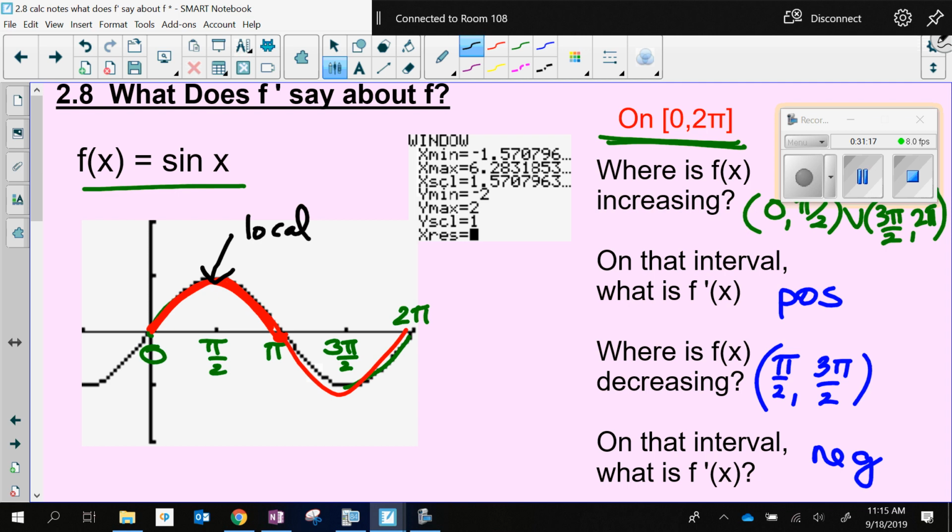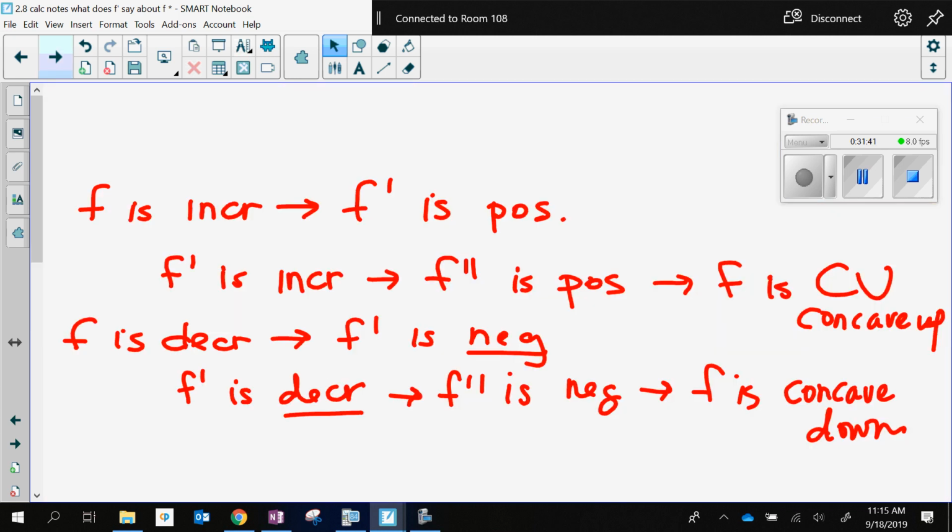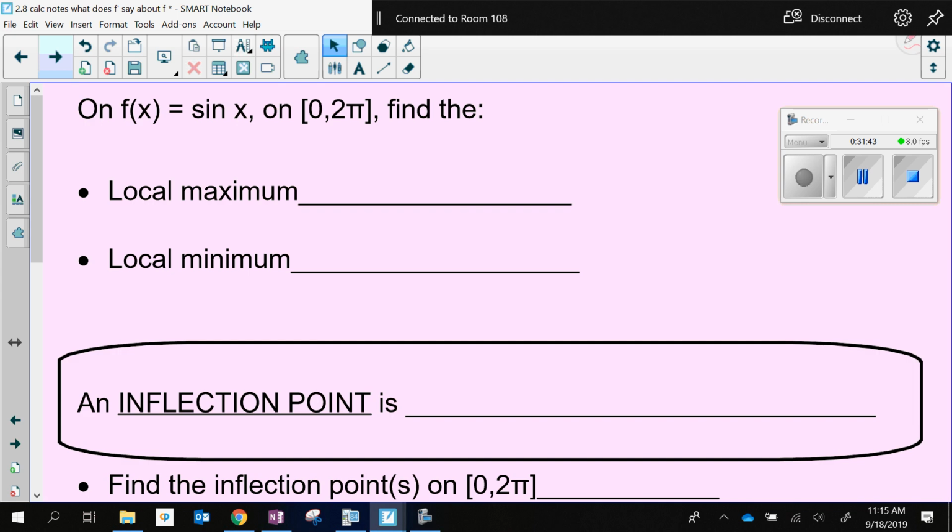What's on this side as opposed to this side? From 0 to half pi, what do we know about f? It's increasing, and it's decreasing on the other side. So the local max is at x equals pi over 2.